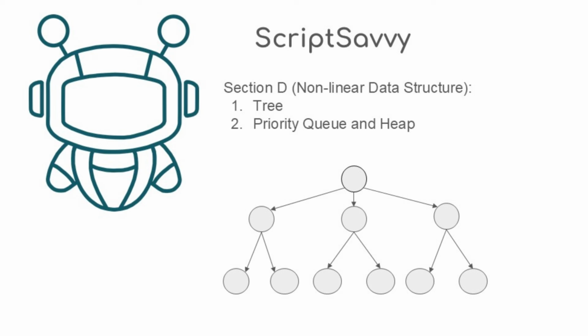Next is section C, which is all about non-linear data structures. So we'll see in non-linear data structures, trees. So what is a tree? Tree is a non-linear data structure that consists of root node, parent node and the leaf or the child node. The root node is the topmost node, which is the source, the starting.